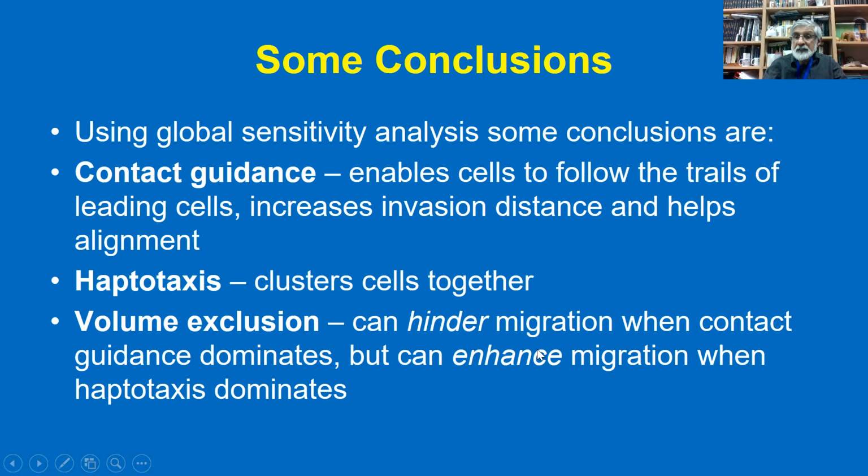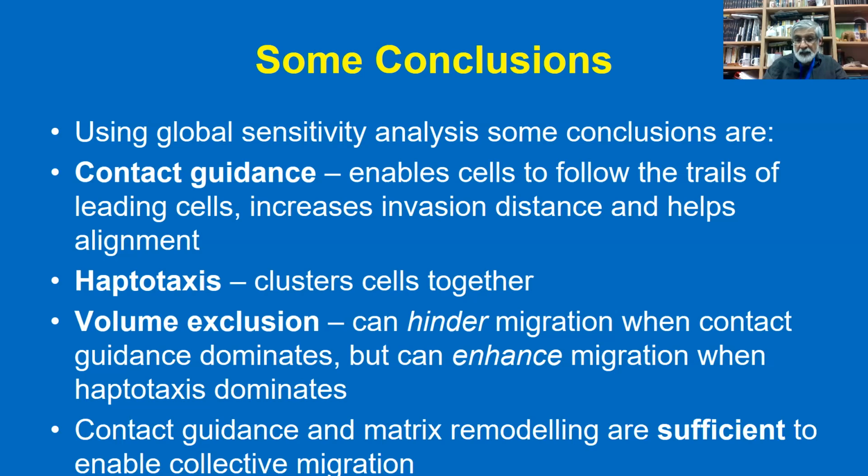And by doing a very detailed statistical analysis, lots and lots of stochastic simulations and everything, he found this general result, which is that contact guidance and matrix remodeling, I should have mentioned that, basically as the cells move over the haptotactic puncta, they remodel it and align it.